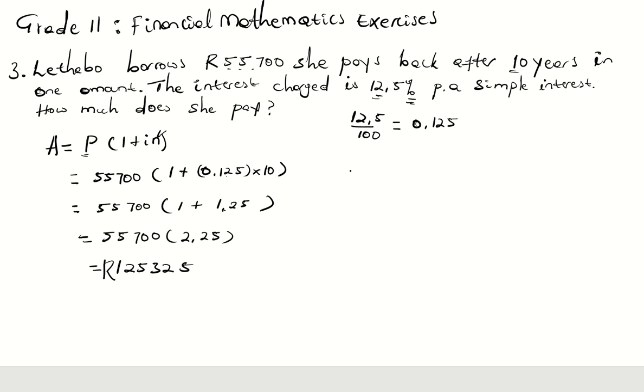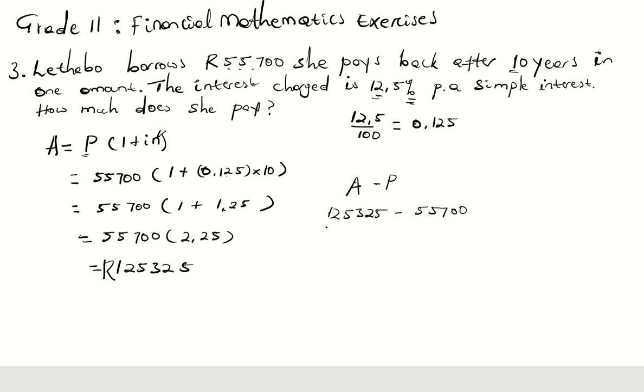Okay, again, if you wanted to see how much total interest she's paying, you would just take your A, the accumulated amount, and you subtract what is the initial amount, the principal. Okay, so we see that our A is 125,325, and we're doing less 55,700.